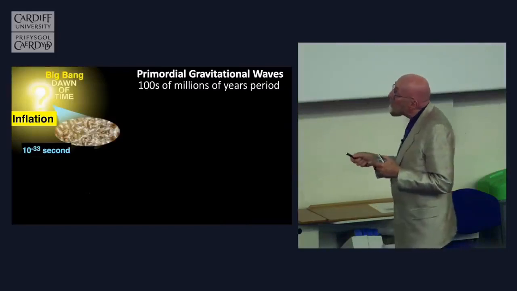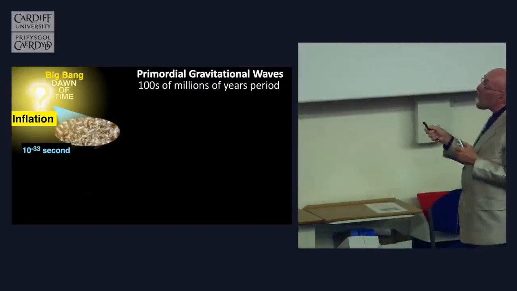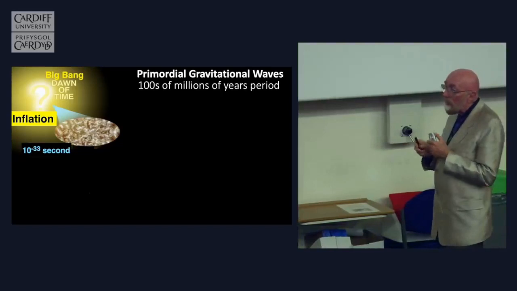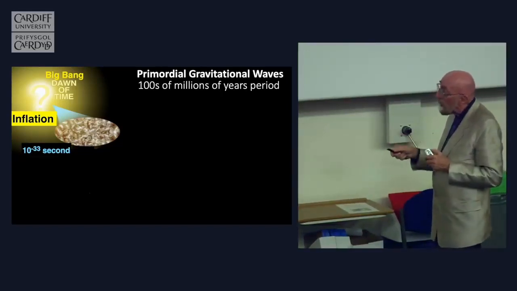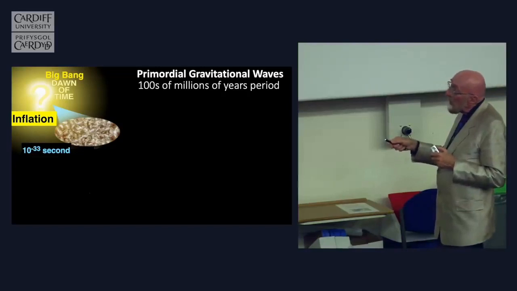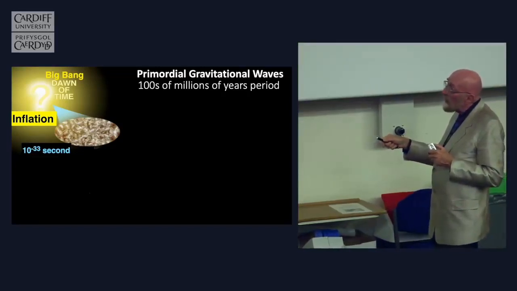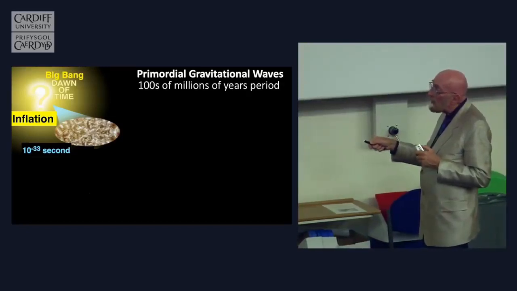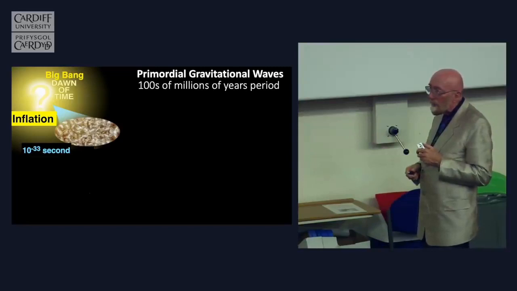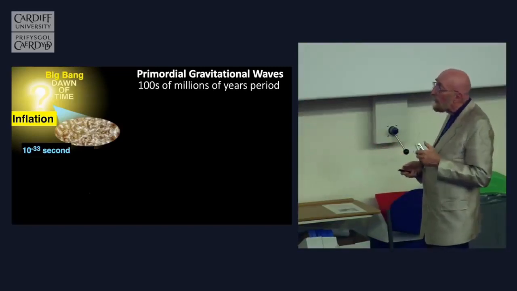We expect to see gravitational waves from the Big Bang. I'm going to go through this very quickly because I want to wind up with a few words about time travel and wormholes. But the basic idea is that something came off the Big Bang, and whatever it was, in terms of gravitational waves, was amplified by a process called inflation at the beginning of the universe, that some of you are aware of.